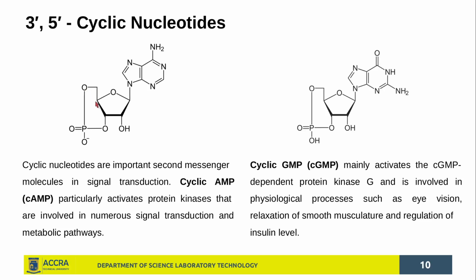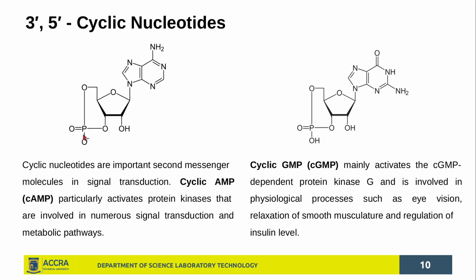So this is carbon number 5, this is carbon number 3, and because of that, you have what is referred to as the 3',5' cyclic nucleotide, because the cyclic structure forms between carbon number 3 and carbon number 5, on which you have the phosphate group.